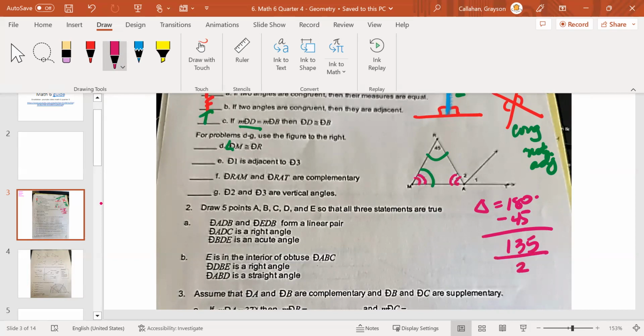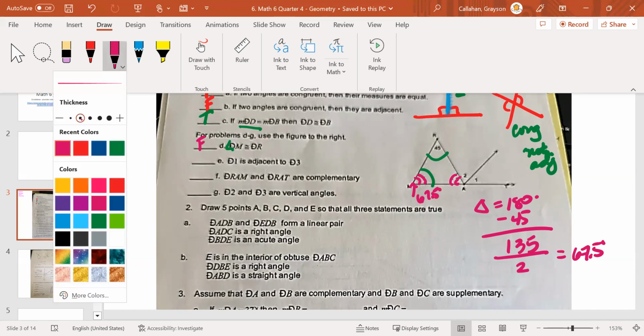Which means you take that and divide it by 2, because remember, those two angles added together equals 135. So 135 divided by 2 is going to give me 67.5 degrees. So each of these angles right here is 67.5 degrees, okay? So it's saying, is angle M equal to angle R? That's false, okay?